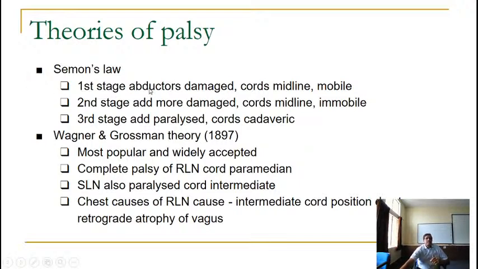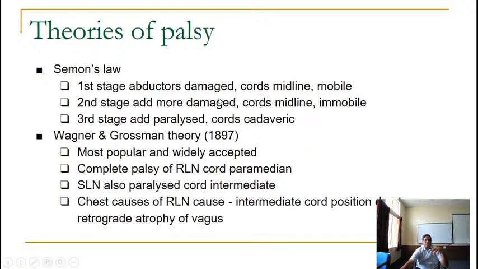So, when there is a muscle paralysis, suddenly the abductors are the ones which are first affected, and because the adductors are very powerful, the vocal cords go into the midline position. So in the first stage, the abductors are damaged, and the adductors being more powerful than the abductors, the vocal cords are in the midline and mobile.